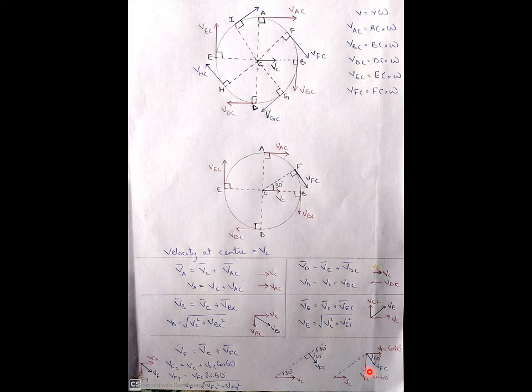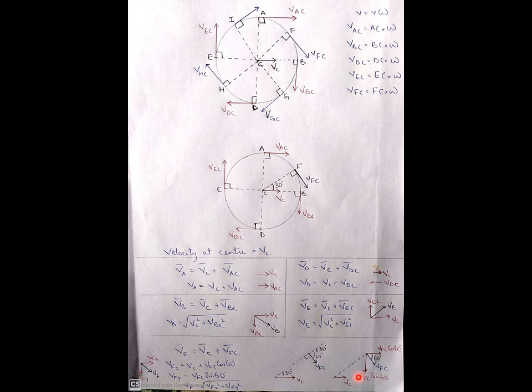So if VFC is inclined at 60 degree with respect to horizontal, then we have to resolve in horizontal direction as well as vertical direction. In the horizontal direction it is VFC cos 60, and in the vertical direction it is VFC sin 60. So we will be resolving this into horizontal as well as vertical direction.